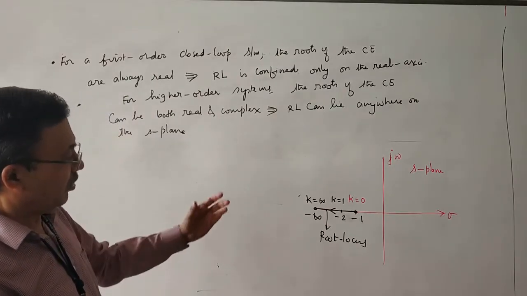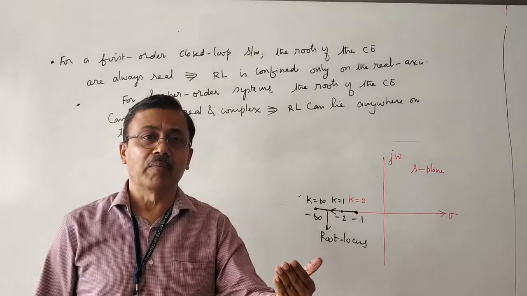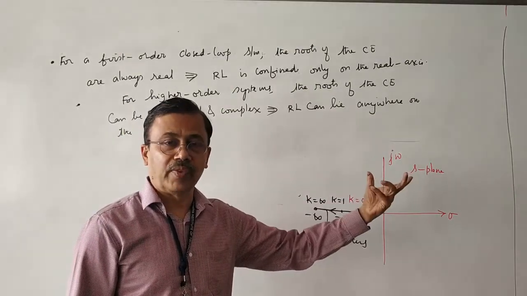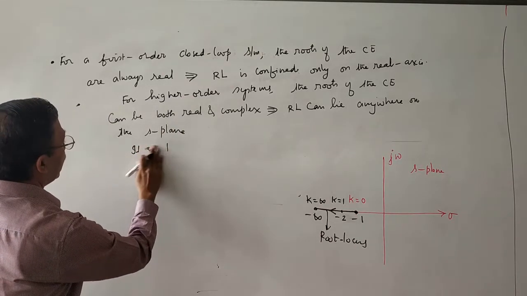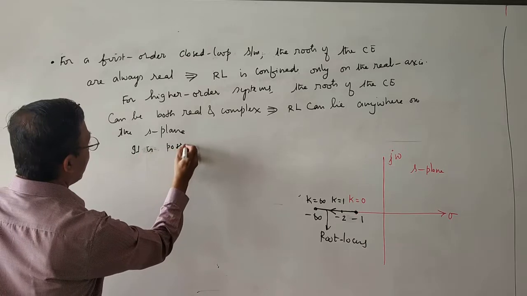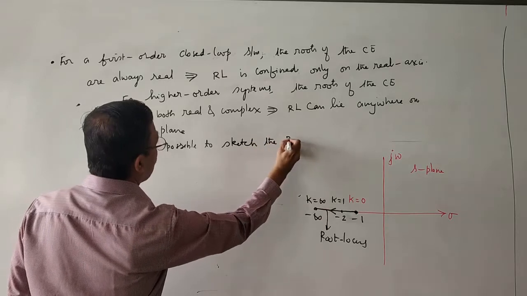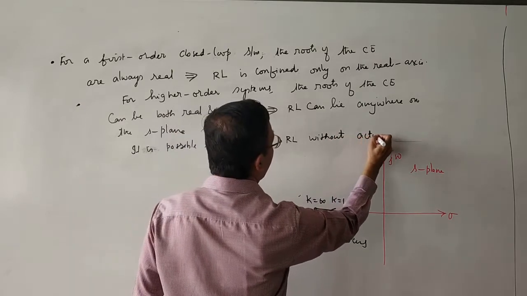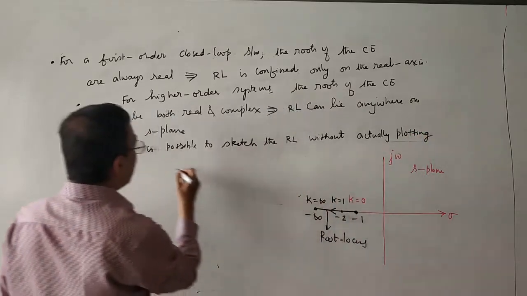Next question is, here we have drawn the root locus by finding the roots. Next, I am going to teach a method in which we can plot the root locus without knowing the location of the roots. That method I am going to explain now. It is possible to sketch the root locus without actually plotting the roots.